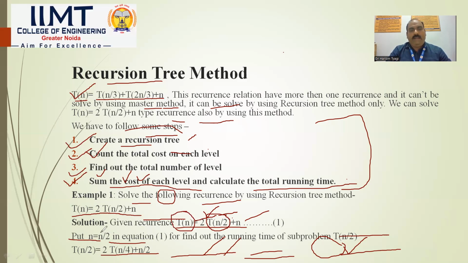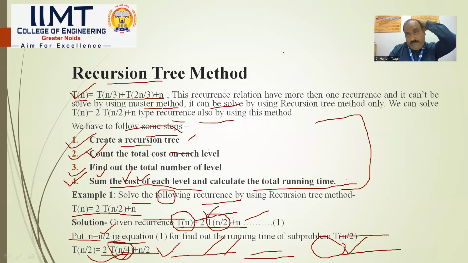You put n/2 in the place of n in this equation 1, and you can find out what the next divide will be. Like n is divided into n/2 in the main equation, and you put the value n/2 in the place of n. Then you check here that the n/2 size problem is divided into n/4, two times. Okay, so this is the main one, and what is the value of T(n/4)?